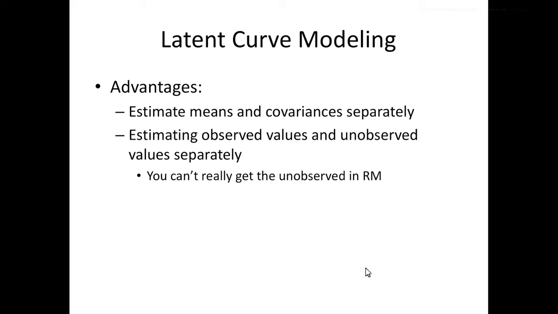We're going to estimate those observed values, so things like residuals, and unobserved values, the slope and the intercept. Although it seems weird to say they're unobserved, those are going to be our latent variables in this example. And you can't really get those unobserved things in repeated measures. I mean, you sort of can with a multi-level model, but this I feel like gives you a little more information.